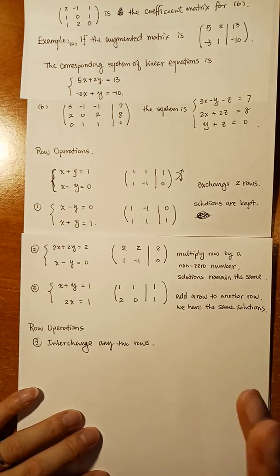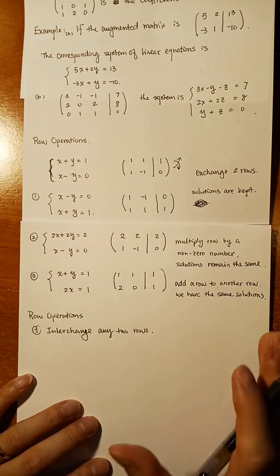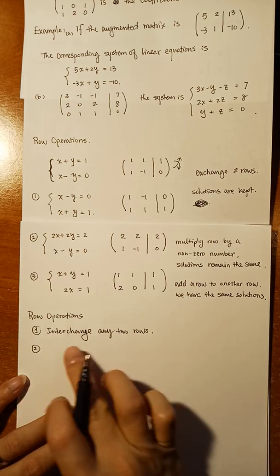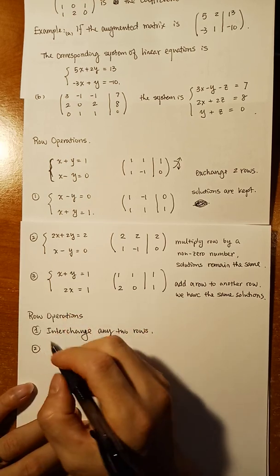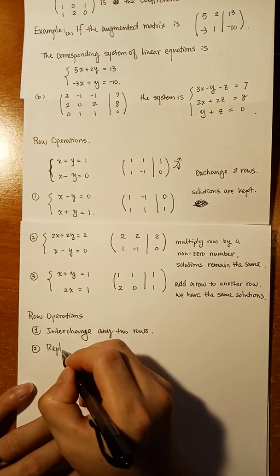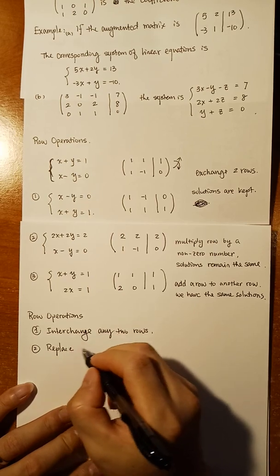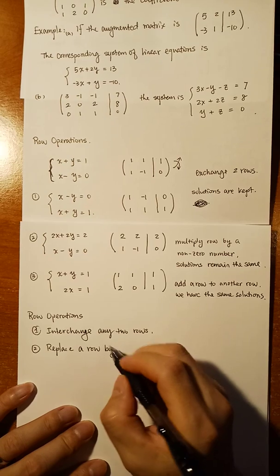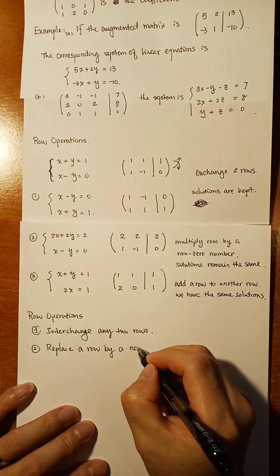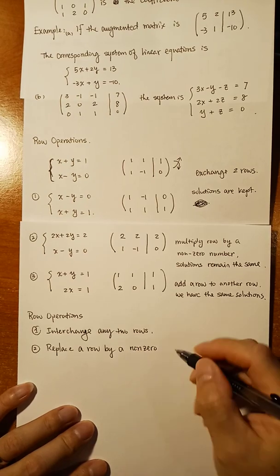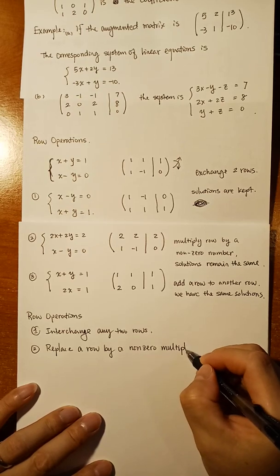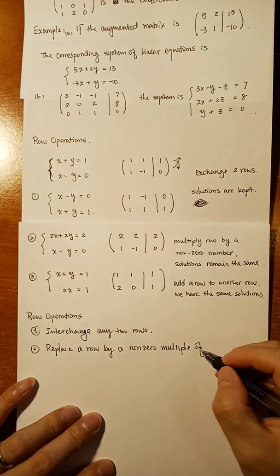When we say them, we mean we keep the solutions unchanged. Interchange any two rows, or replace a row by a non-zero multiple of that row.